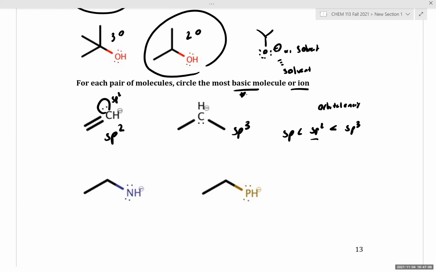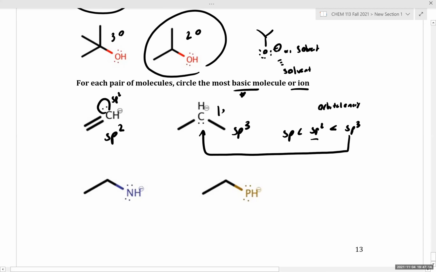By the same argument, this sp3 anion is less stable. And in turn, because this anion is less stable, will it be more or less basic? I'm not really understanding. So the less stable your anion is, the more basic it is.